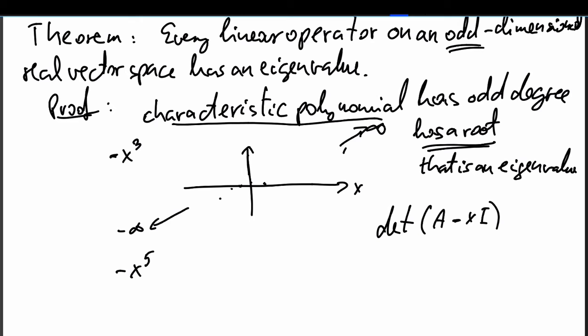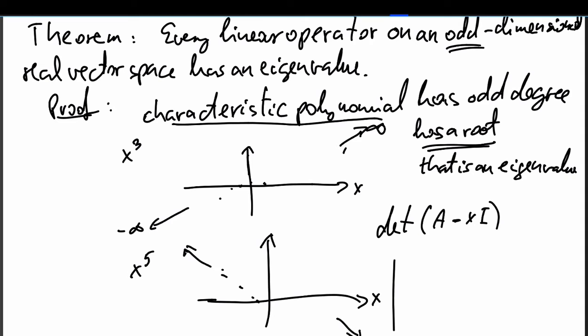So in fact, the true picture is that the limit is negative infinity when x approaches infinity and positive infinity when x approaches negative infinity. Still, there must be a root since these are continuous functions.